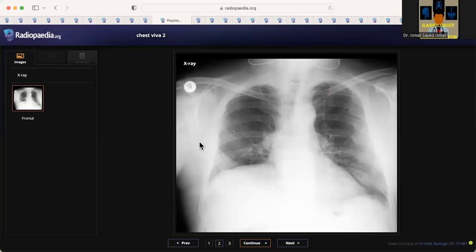I can also see there is increased density of the ribs. I'm looking at the right ribs for any evidence of fractures. I'm not sure if there is any lower rib fracture. There is some callus formation. This indicates more chronic, healed fractures.